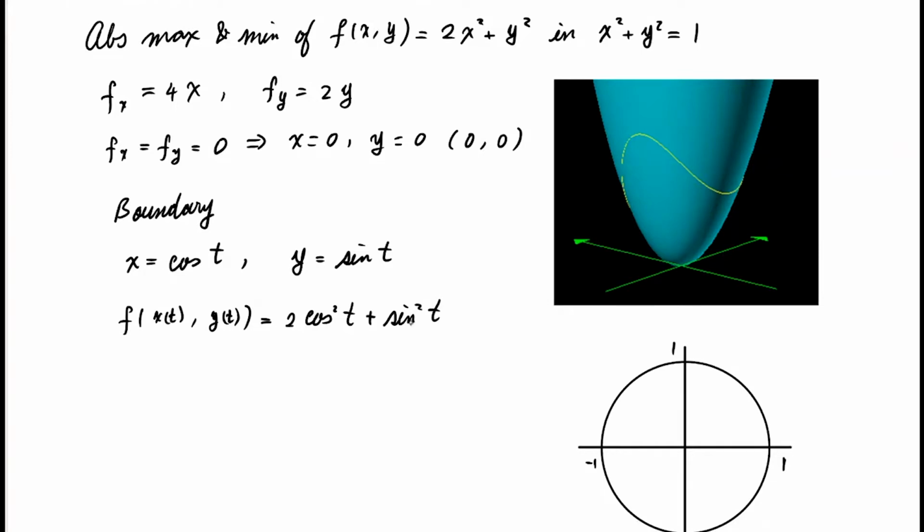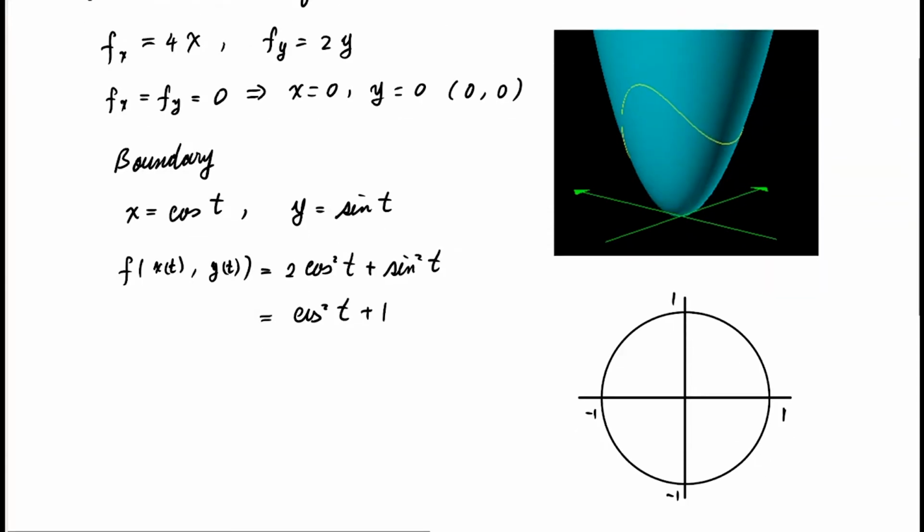Should we convert one of these to the other one? So let's say this is 1 minus cosine squared. And one of them cancels, so this becomes cosine squared t plus 1. Are you with me? That is the equation of this. It's a cosine squared function, the yellow curve wrapped around the cylinder. You with me?